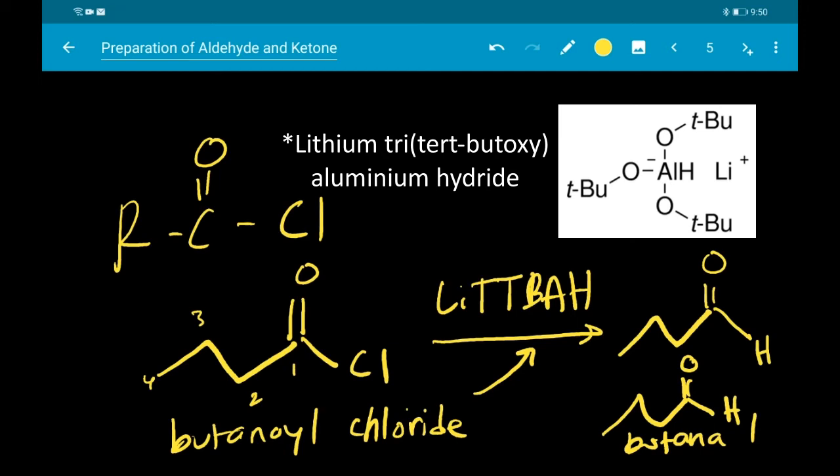We call this a reduction reaction because the hydrogen is replacing the Cl. Whenever the hydrogen increases, it means that the reduction process happens.